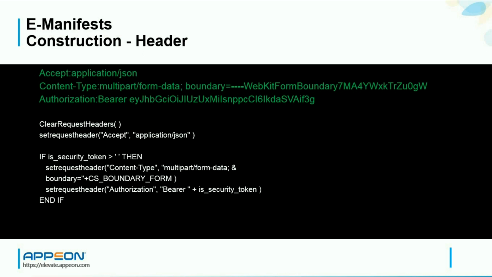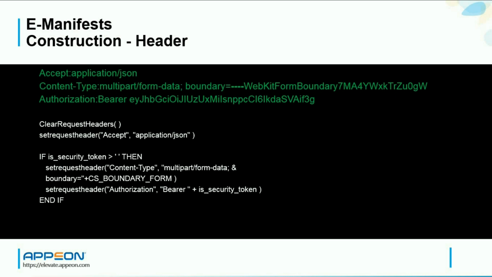So how we produce this is we start out with a clear request header. These are all HTTPClient methods. And we set the request header for accept application JSON. That tells us this is what we will accept as a response.